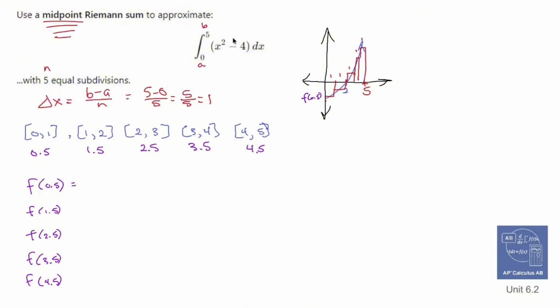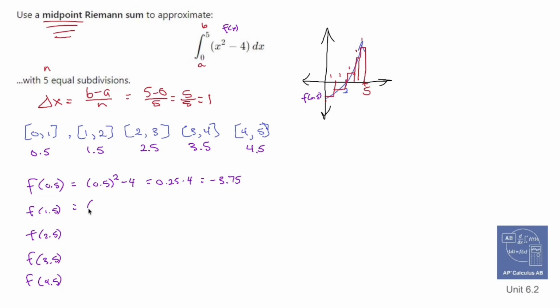All right, so we take these values, plug them into that f of x right there, and do some math. So 0.5 squared minus 4 is going to be 0.25 minus 4, which is negative 3.75.